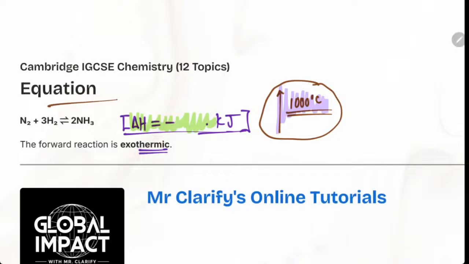Come on now. They told you forward is exo for the Haber process. The Haber process produces heat on its own. It's exothermic, the forward reaction. So when you increase temperature, you are not improving it.